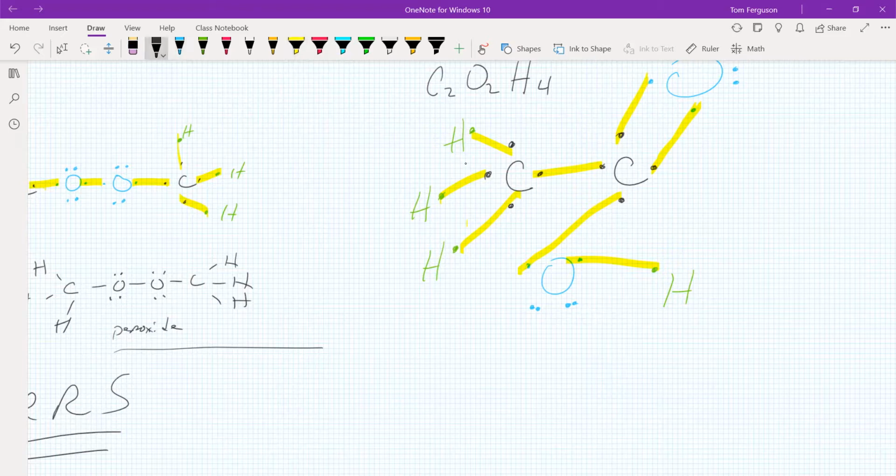So now it's a legal structure. Let's fill in the bonds with solid lines. This is called acetic acid. And if you dilute it with water, it's called vinegar.